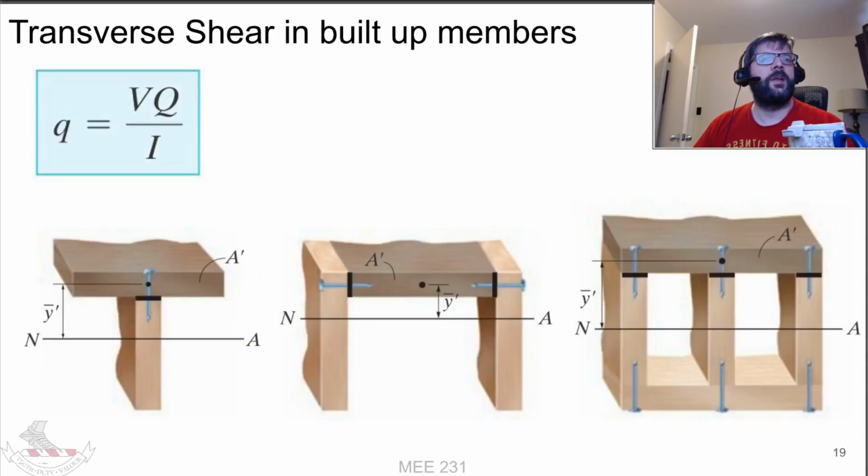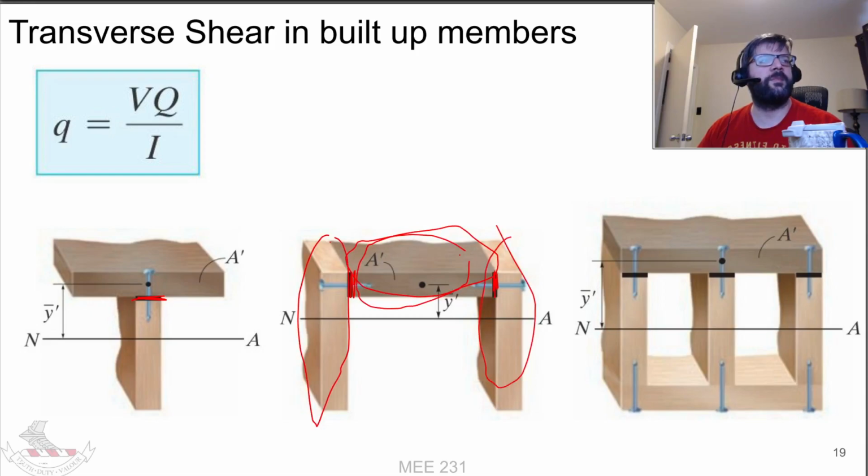So you can use that for different configurations. It's not just for horizontal cross sections. If you have a beam like this in the middle here, you're still going to get shear induced that's going to cause this beam member to slide relative to these beams.